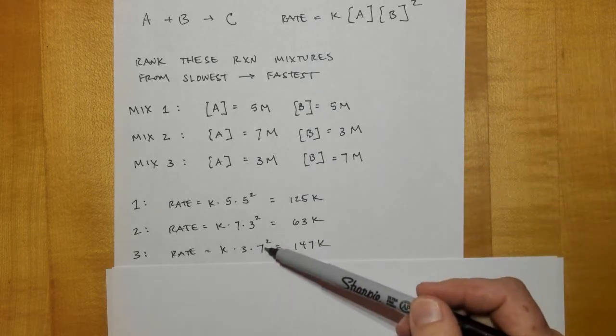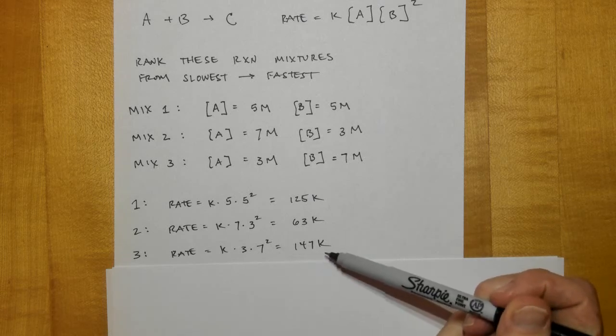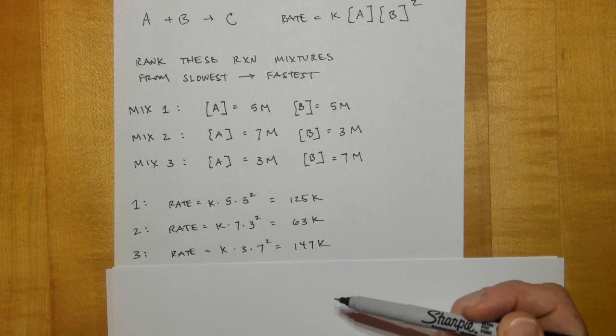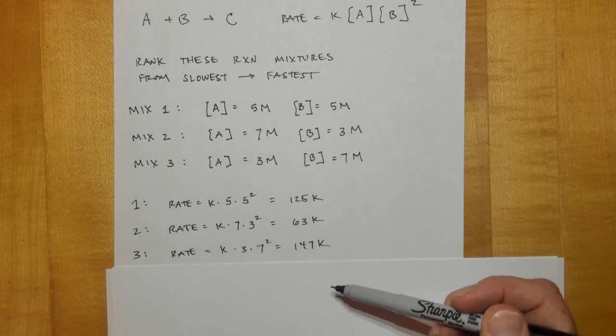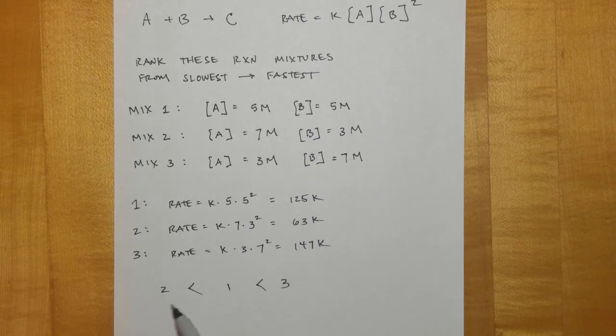So 7 times 7 is 49 times 3, that'd give us 147K. And this one would be our fastest reaction rate. So when we're ranking them from the slowest to the fastest, our slowest would be number 2, 63K. Our middle would be 125K, and then our fastest would be the 147K.